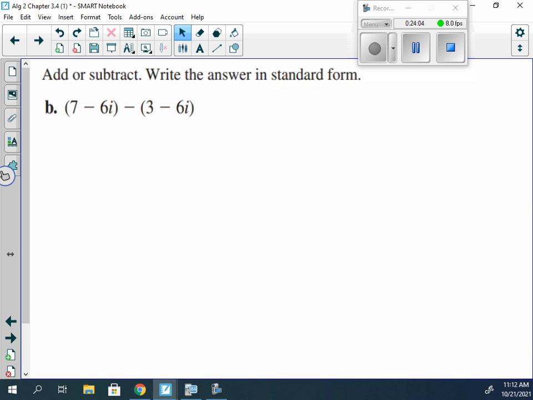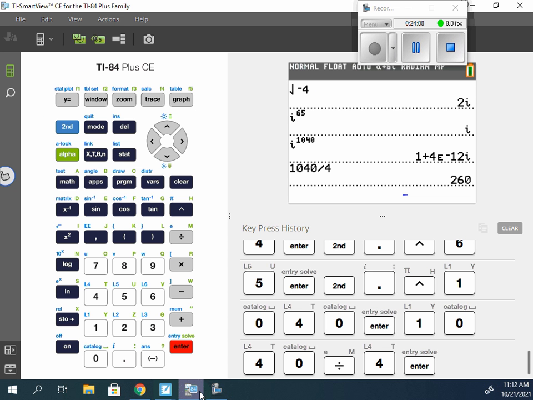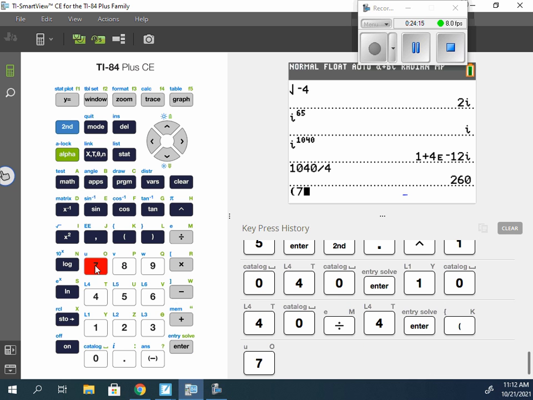That's a good idea. Why don't we try it in that? Why don't we try it here? Grab a note sheet so I can look at it. Parentheses, 7 minus 6, second, i, close.